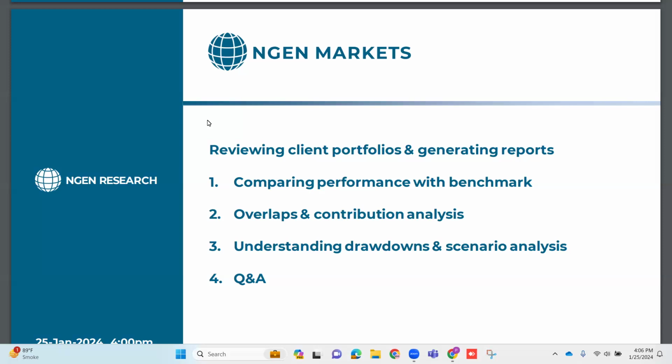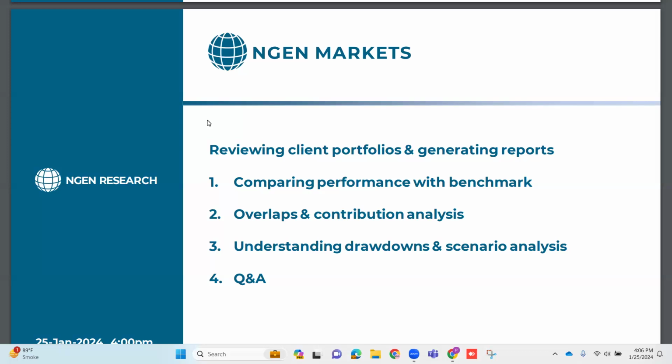And then, doing contribution analysis, we will understand how that really makes sense, wherein we can actually take decisions, okay, which is a better performing fund to be retained in the portfolio and which is the other fund which could probably be exited from, right? So this we will see in tandem, overlap analysis as well as contribution analysis.